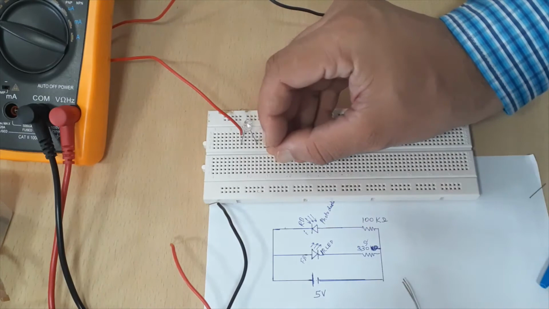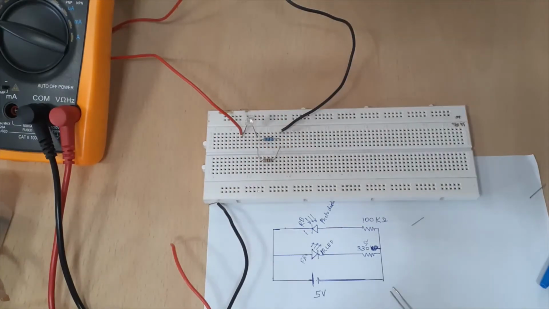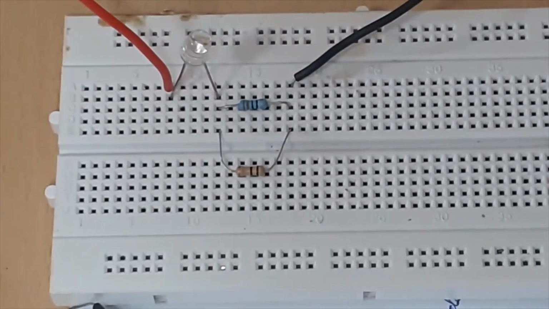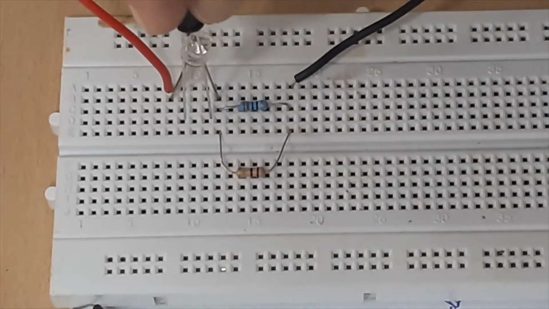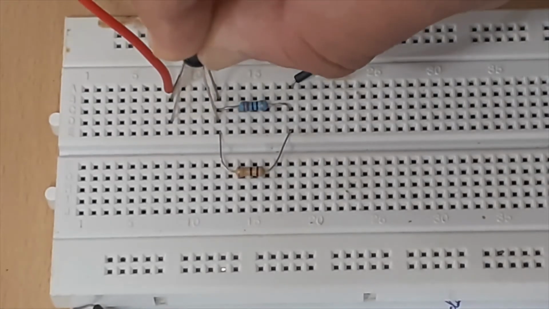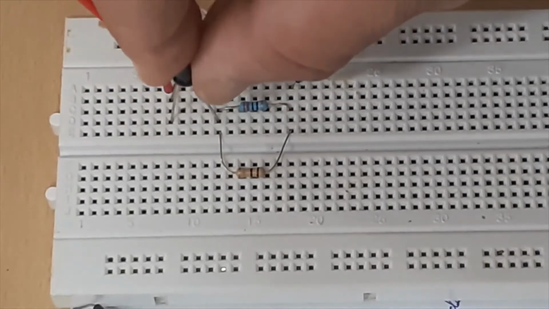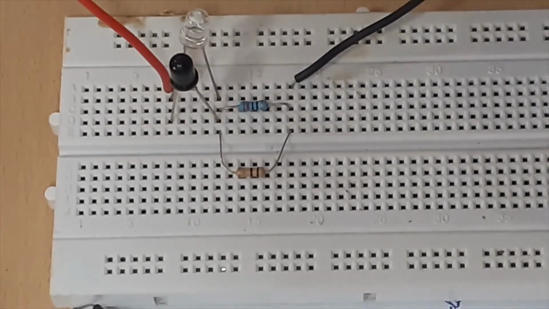So we will just insert here. So we have inserted a 100 ohm resistor. Now we will insert the photodiode in reverse bias. So this black one is negative, so we'll put the positive connection with negative and negative with positive. So now it is in reverse bias, correct?